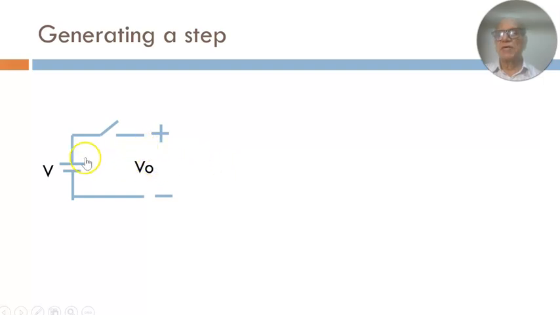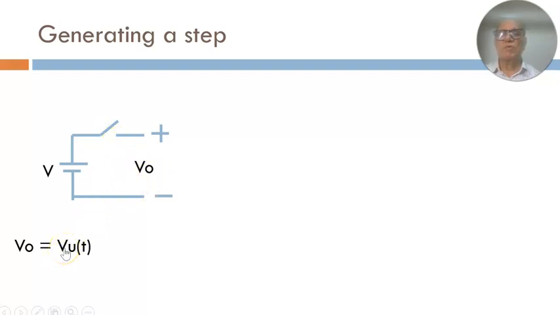So immediately the voltage will jump to V. In that case, we can write V0 is equal to V times u(t), because when you consider times which have negative values, u(t) is going to be 0. In that case, V0 will be 0. And if you consider times beyond 0, positive values, then V0 will be equal to V.